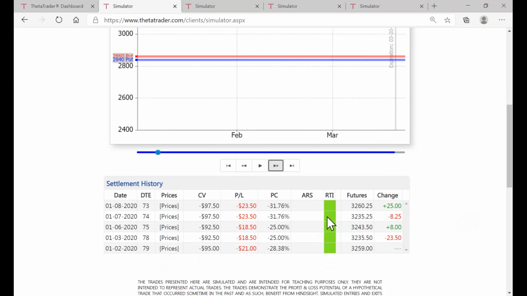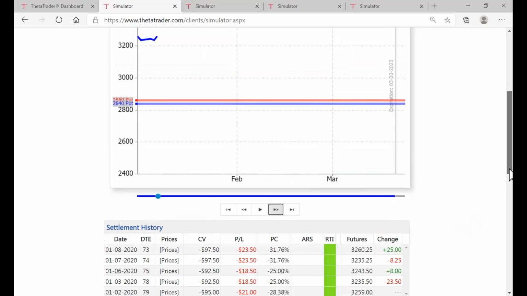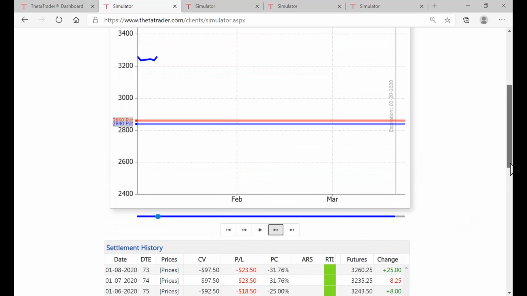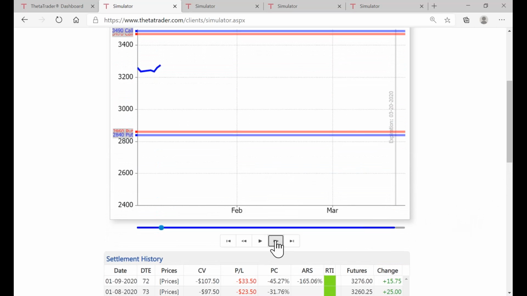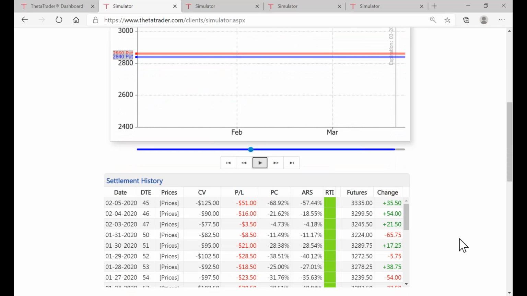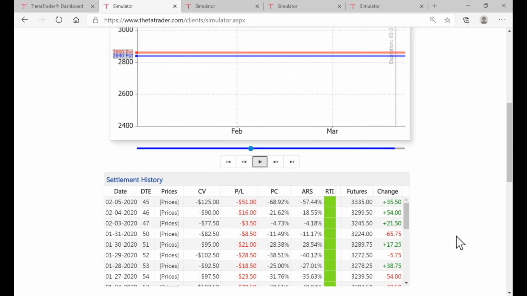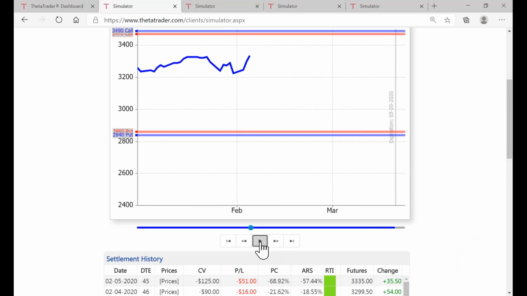And you'll see this green RTI means good, do nothing. That's the risk thermal indicator. You should be able to see all that. Or you can play it. At this point, the trade's still a little bit negative, but the RTI is good. Green means good, do nothing. Now it turns yellow.